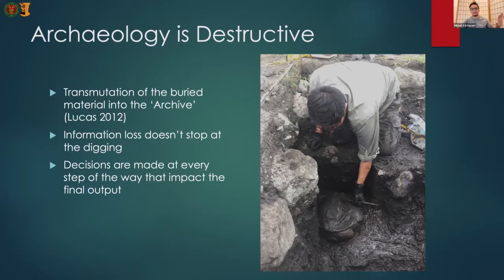So information loss doesn't just stop at the digging part. At every stage you're making decisions, you're consolidating your categories, you're changing information, things like that. And then even in the analysis step, you're making a ton of decisions.